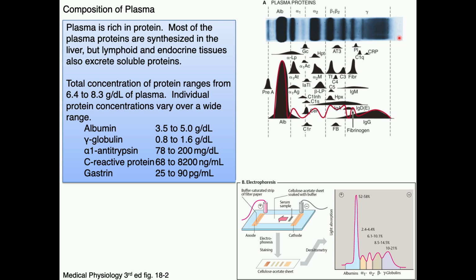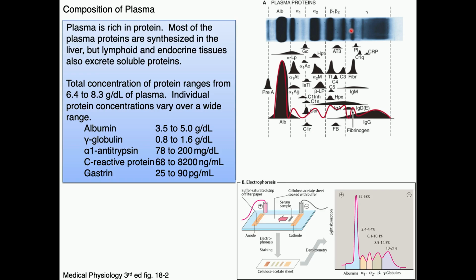So you're going to get coagulation factors precipitating out. Now, a lot of those coagulation factors are not abundant enough to be shown on an electrophoretic graph like this. You'd need a more sensitive detection technique. However, there's one, fibrinogen, which is this band right here. And this is the major end result of the coagulation cascade, as we'll see in a few weeks.